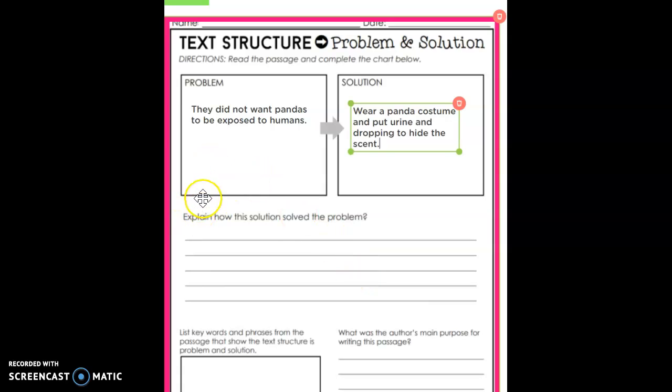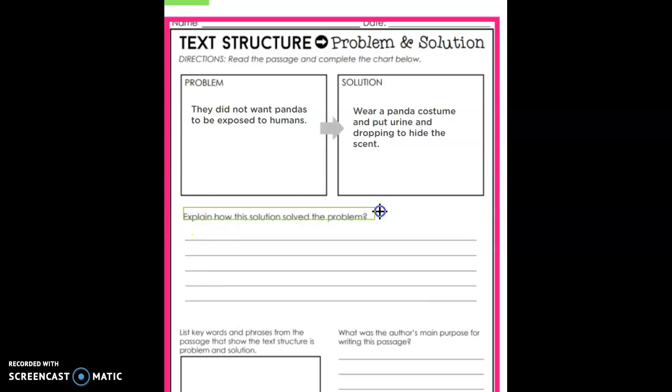So let's explain how this solution solved the problem. How did it solve the problem? Well, they didn't want them to know that they were humans, so they used panda droppings and urine to cover their scent.